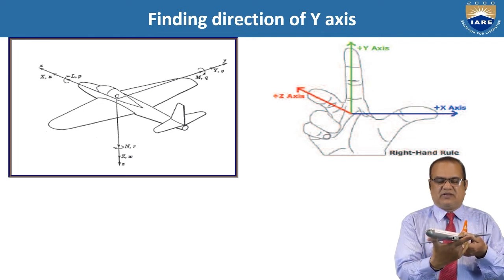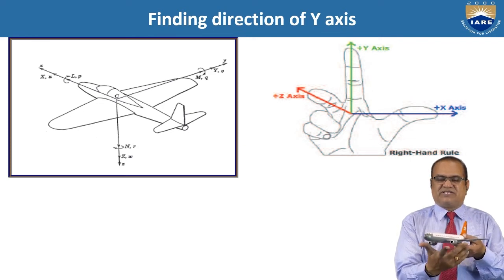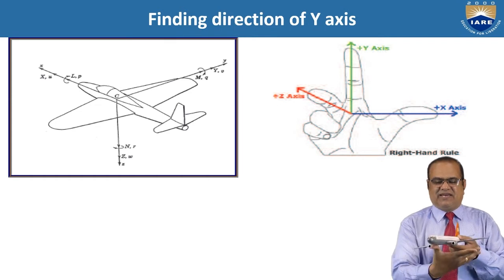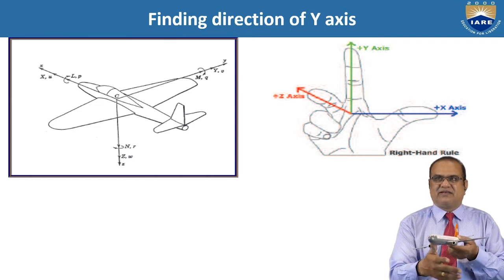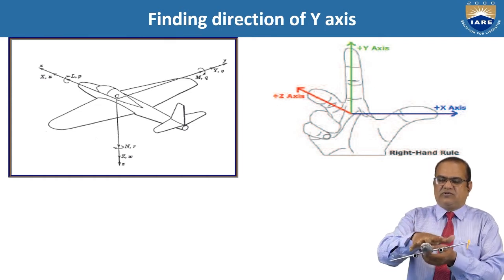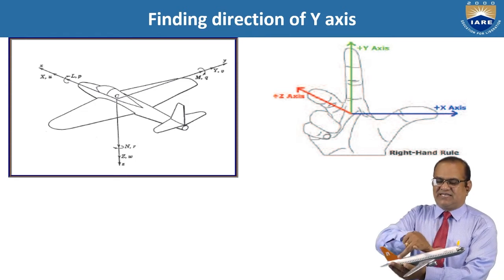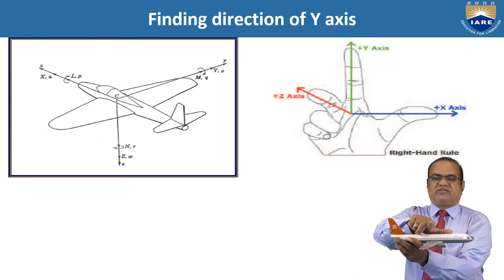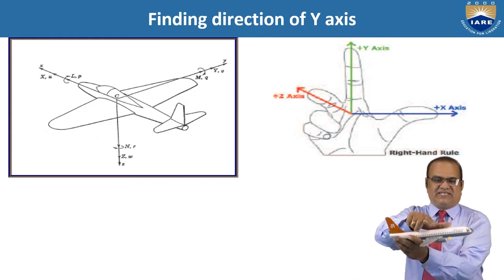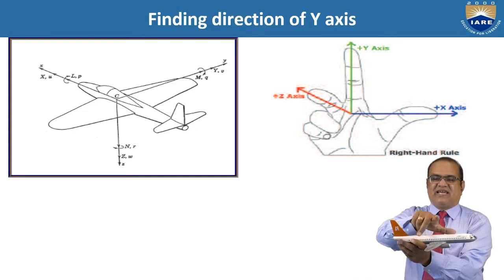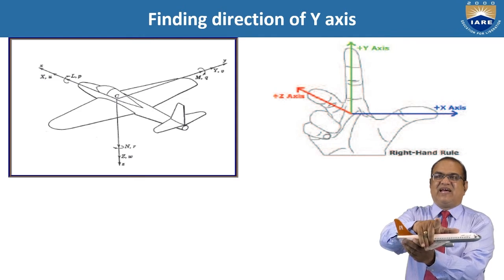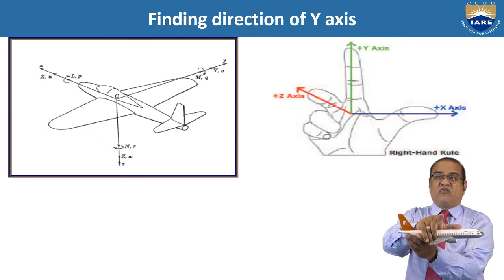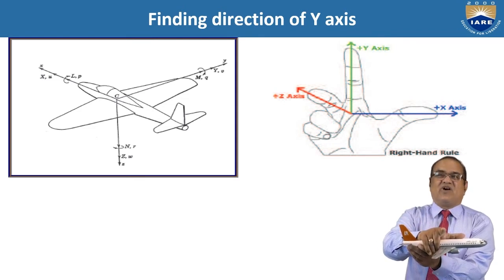So the thumb is the x, this is the z, and the forefinger is called the plus y.